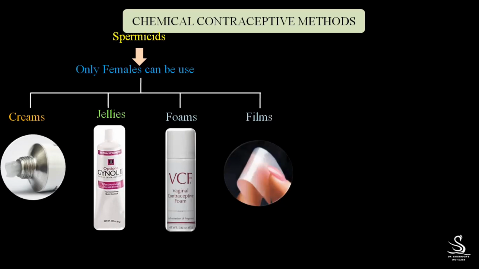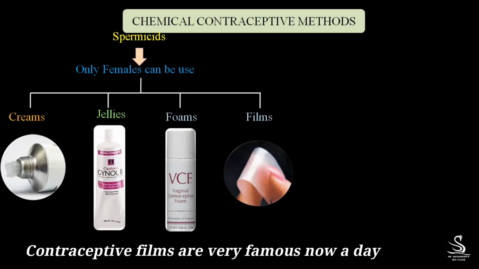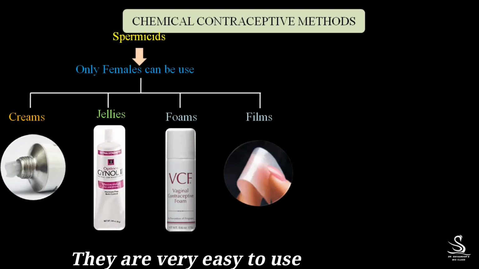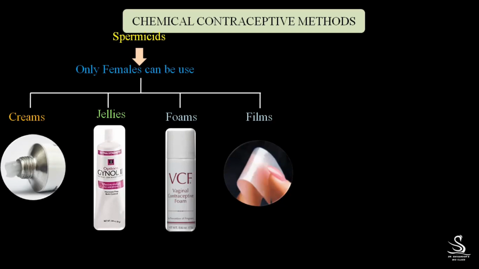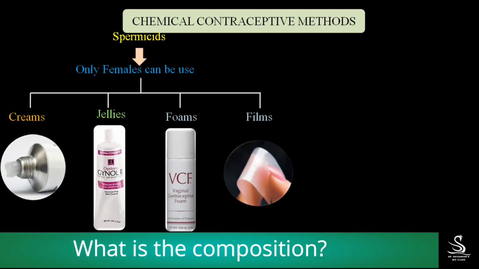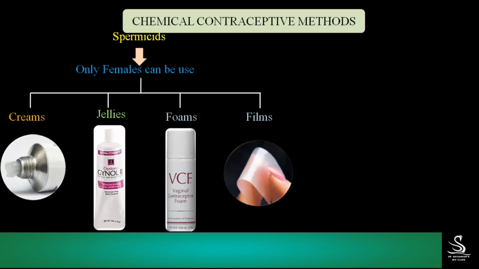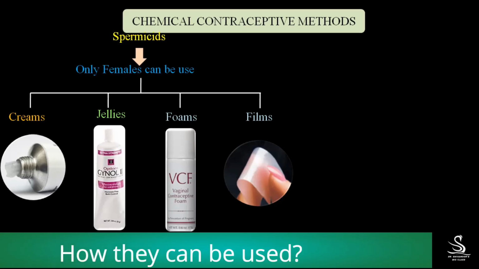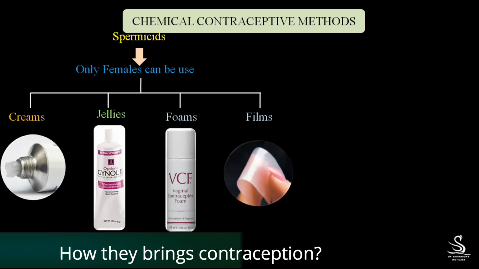But remember, students, films are very famous chemical contraceptive methods nowadays because they are very easy to use also. Now let us understand what these spermicides contain, how they can be used, and how they bring about contraception.